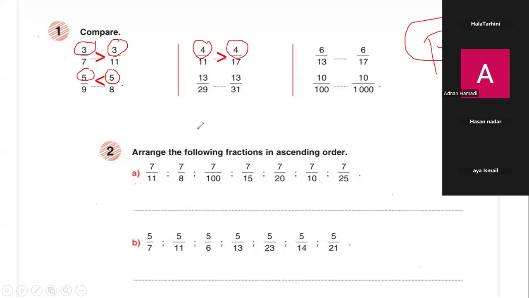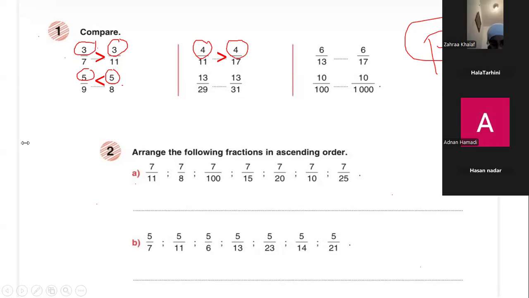Hala. 13/29 or 13/31? The numerator is the same, and the denominator is... Excellent. Same numerators. What can you say about the denominators? Different. Which is the smaller? 13 over 29. Excellent.